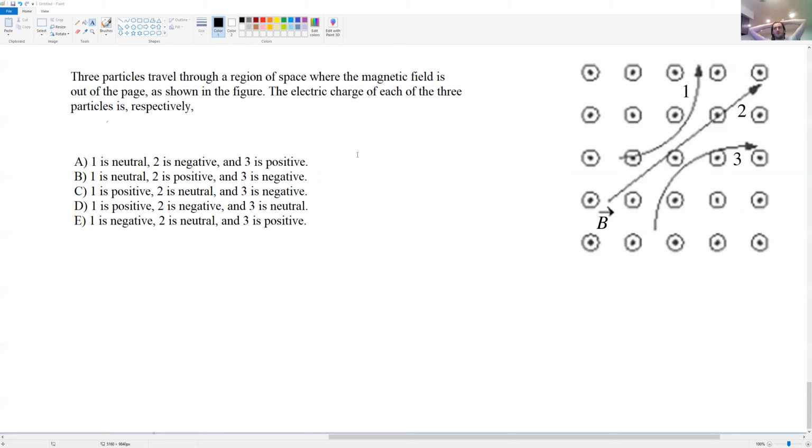It's been a while since we've looked at something like this where we're being asked to determine the direction of motion, so to speak, for these charged particles. This is chapter 27, right?